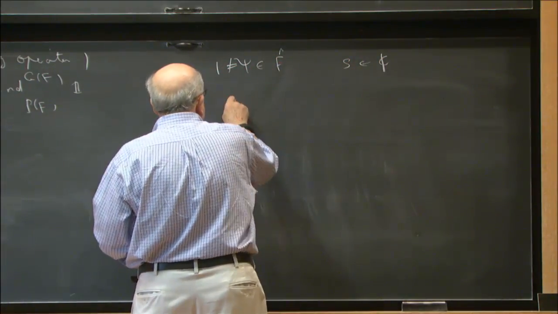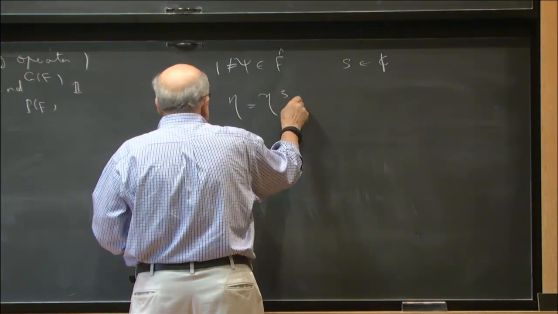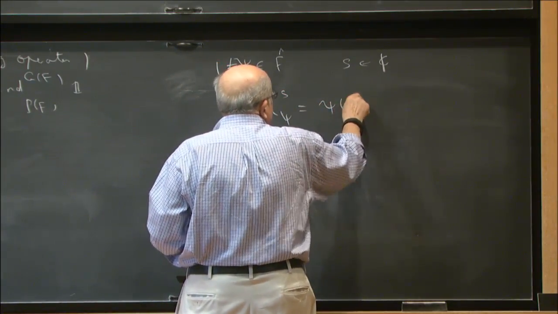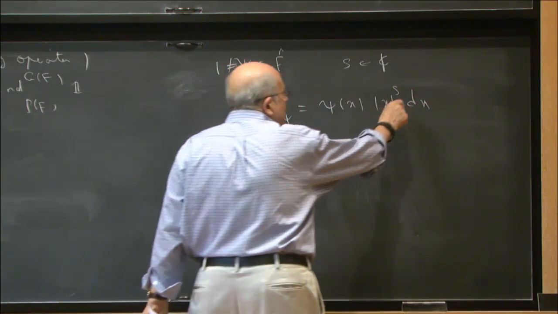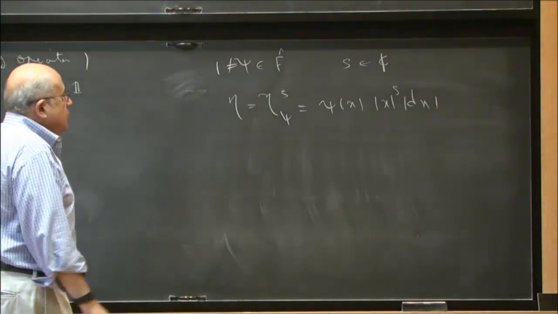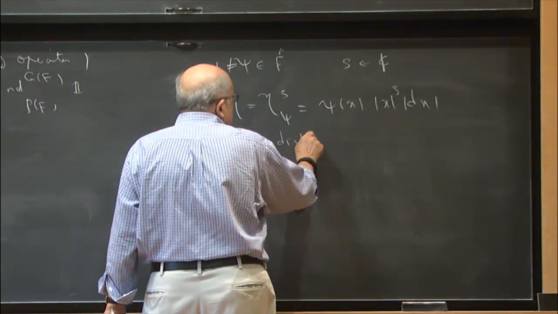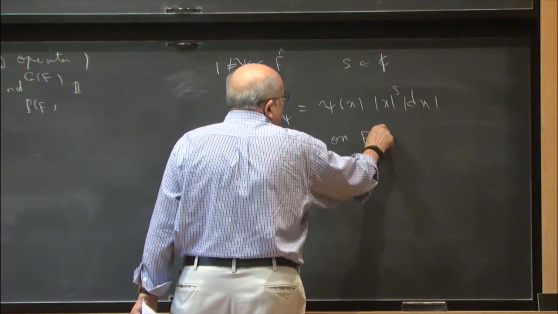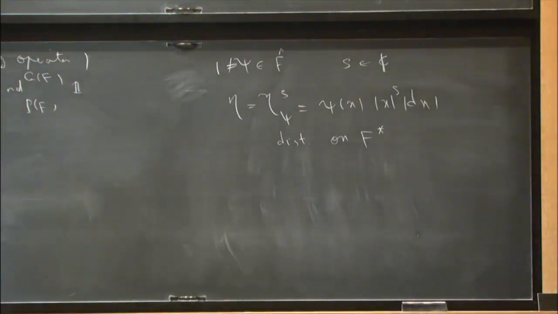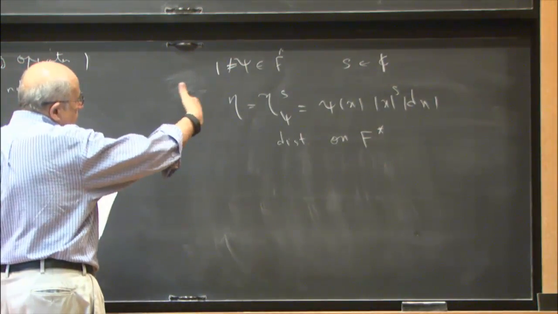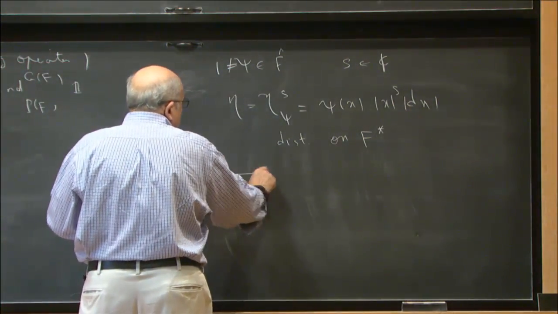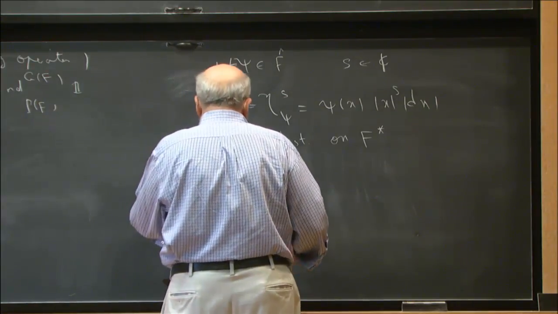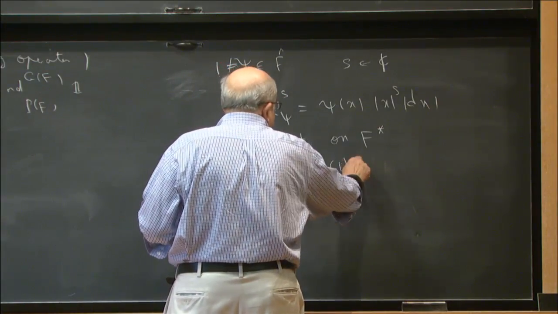You can just define η_{ψ,s} to be defined by dx, and dx is the self-dual measure with respect to ψ. So this is a distribution on F*. Okay, so they define one on F*. Now they show that they can attach a Laurent series to this, and eventually they attach to this distribution η a rational function that they denote by m_{η}(χ, 1).